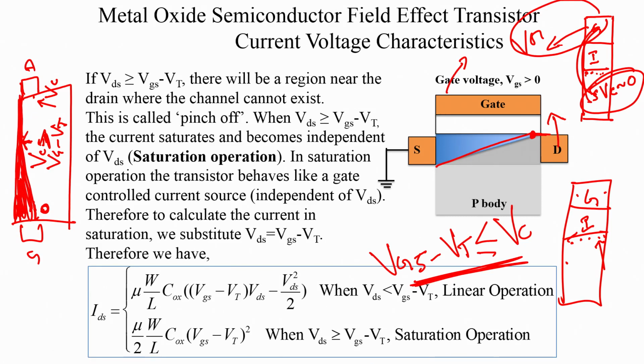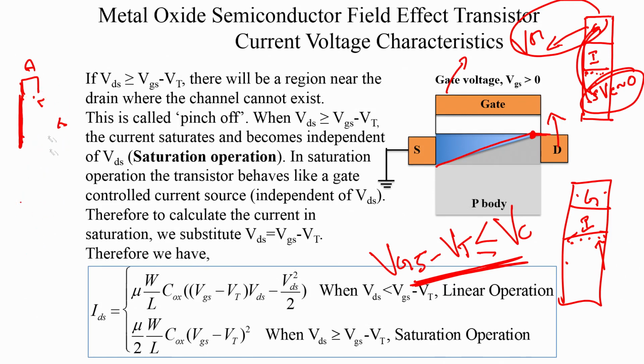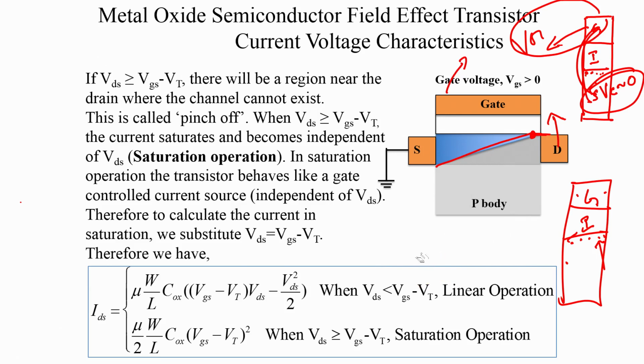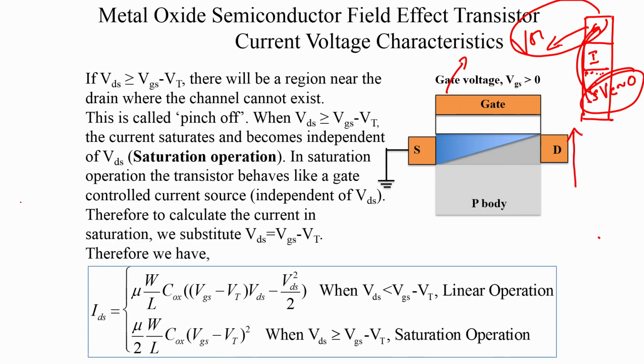Now, let us do this thought experiment. Let us say we are running the transistor in linear mode of operation. That means the VDS was very low, and we now start increasing the drain to source voltage. As you are increasing the drain to source voltage, the channel potential is increasing.